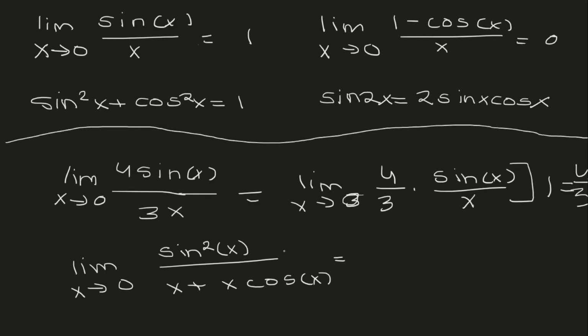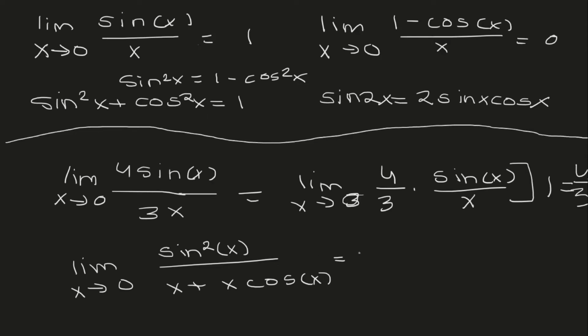Now, this is a lot harder to see, but looking at this identity right here, we can rearrange it to get the equation sine squared x equals 1 minus cosine squared x. All I did was subtract cosine squared x from both sides.